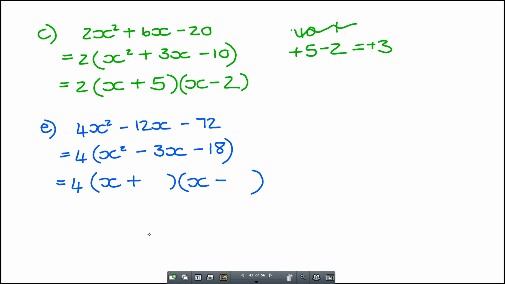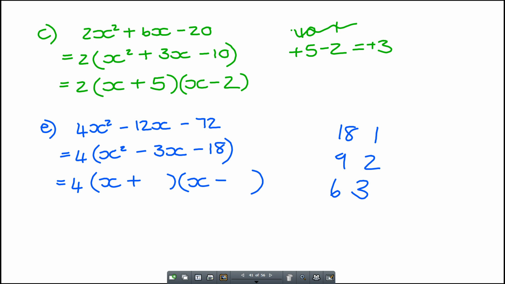Okay, then the last one, 4x squared minus 12x minus 72. There's a coefficient for the x squared. So first take out a common factor of 4. Then you're left with x squared minus 3x minus 18. Now I've got to factorize that trinomial. Now this minus tells me that it would be x plus something and x minus something. Factors of 18 will be 18 times 1, or 9 times 2, or 6 times 3.